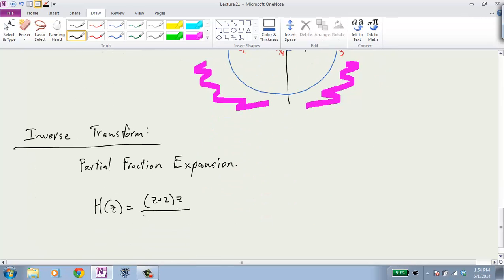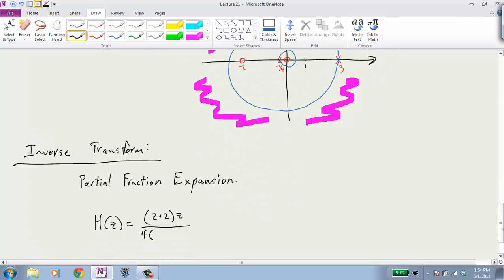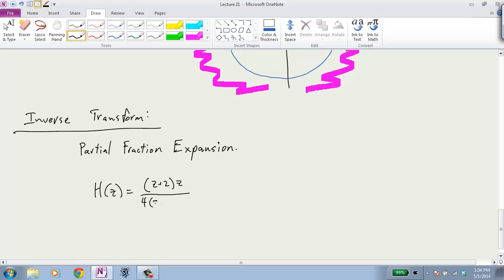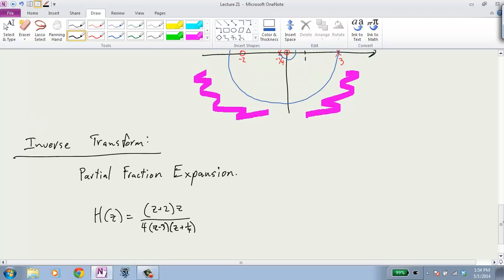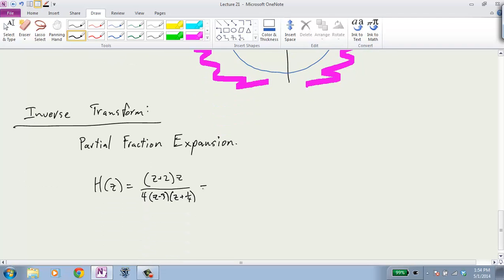I'll show you that it'll be less work this way. So I can divide my z squareds out, and I get that this is 1 plus 2 z inverse over 1 minus 3 z inverse times 1 plus 1/4 z inverse.